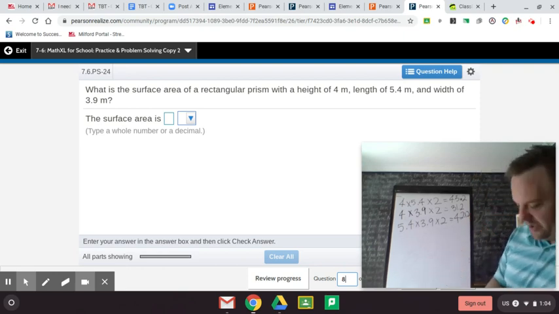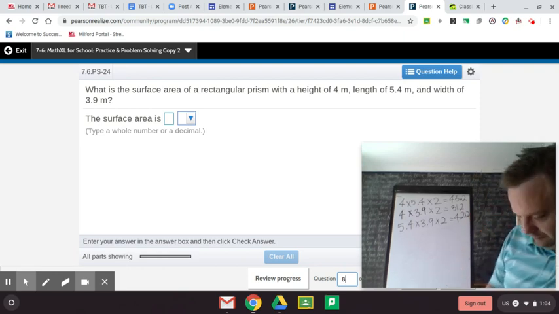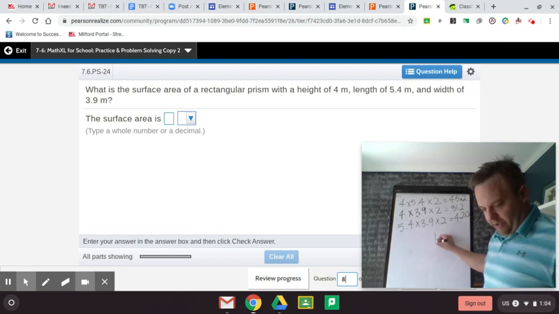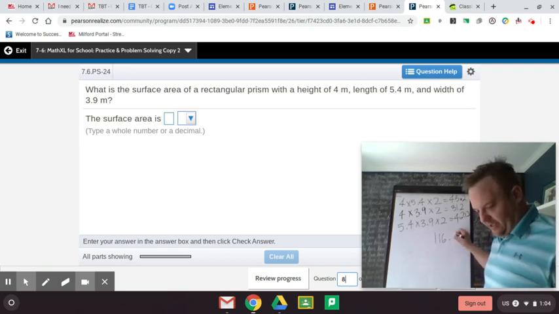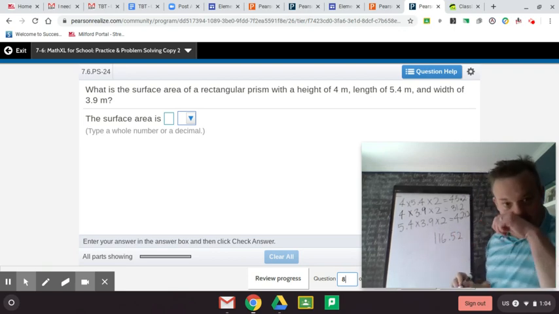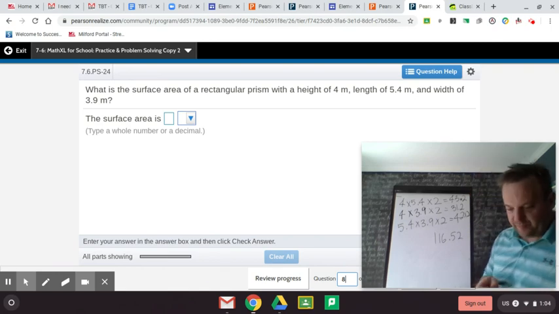And now I'm adding them up. And we get 116 and 52 hundredths meters squared.